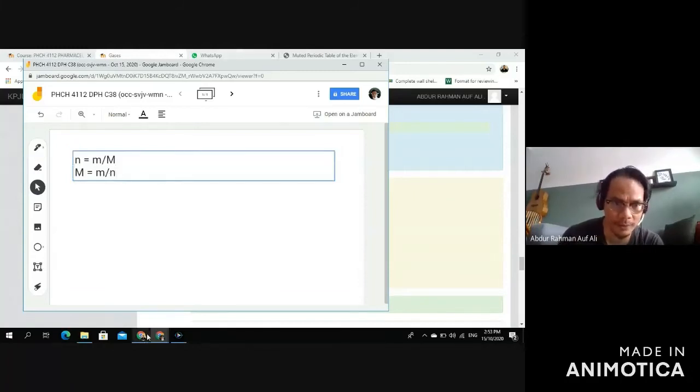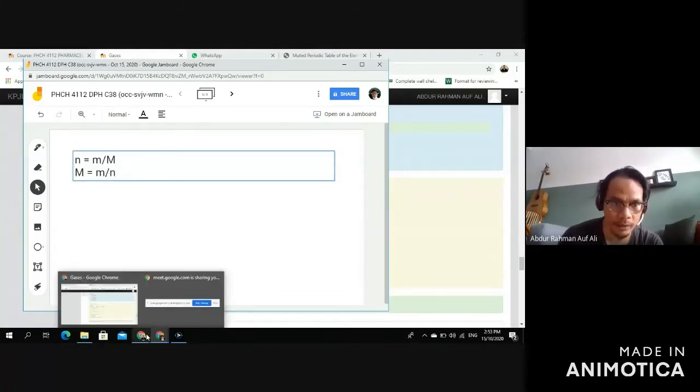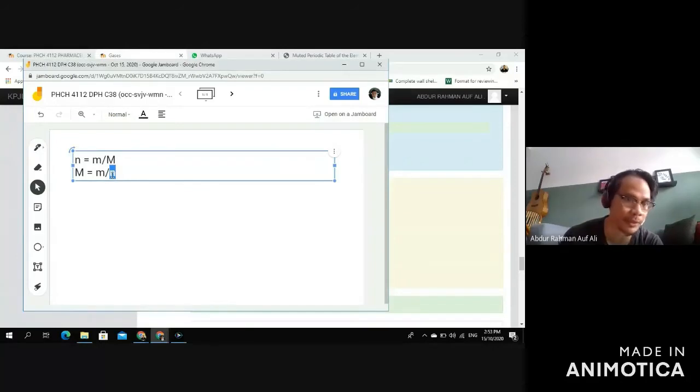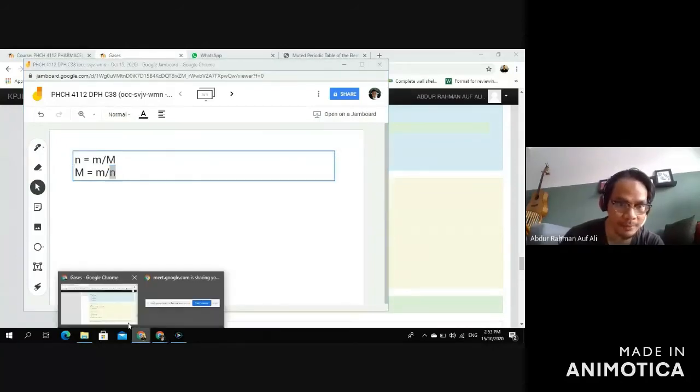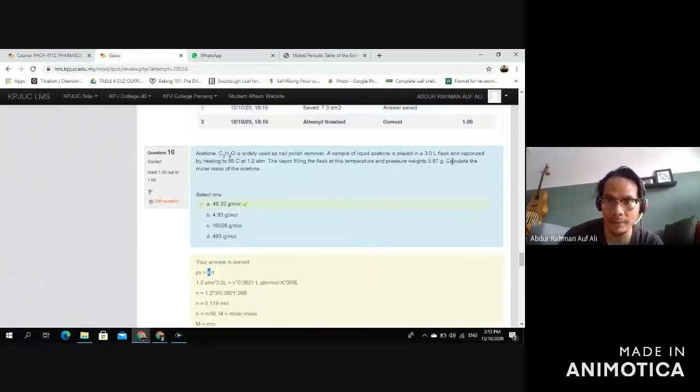So from the question we know it asks us to find the molar mass. Mass we have, number of moles we don't have, but we can find the number of moles. So mass we are given, 5.87 grams, needs to be divided by the number of moles, then we get the molar mass. So how to do that? Use PV equals nRT. Pressure we have, 1 atm, volume we have, 3 liters.